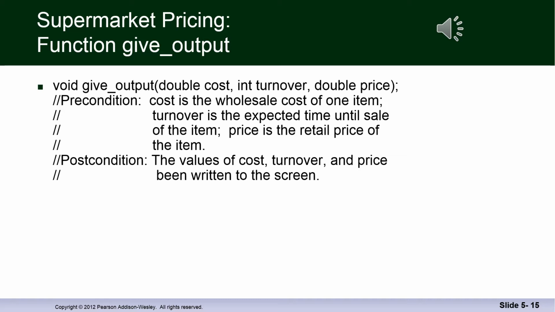Price is the retail price of the item. The postcondition: the values of cost, turnover, and price have been written to the screen. So this is going to have cout statements and not return any value to the function or the main program from which it's called. And because it has call by value parameters, it won't change anything.